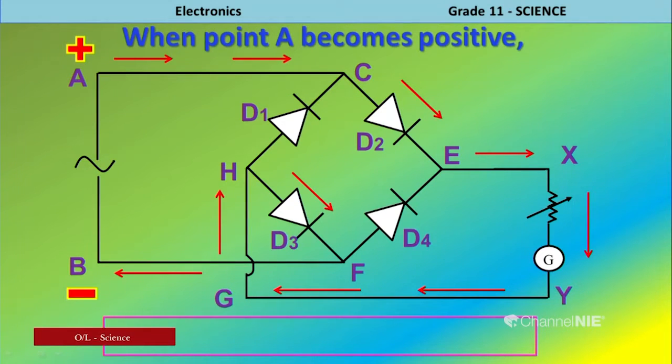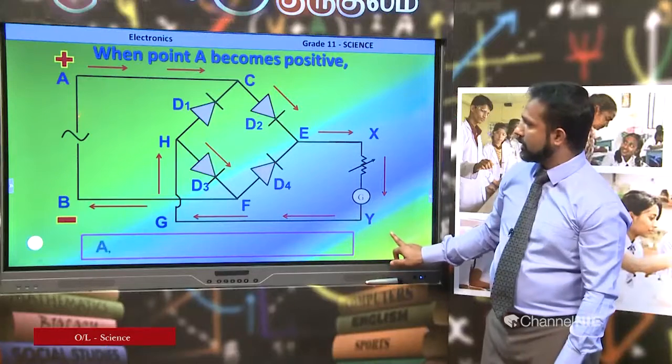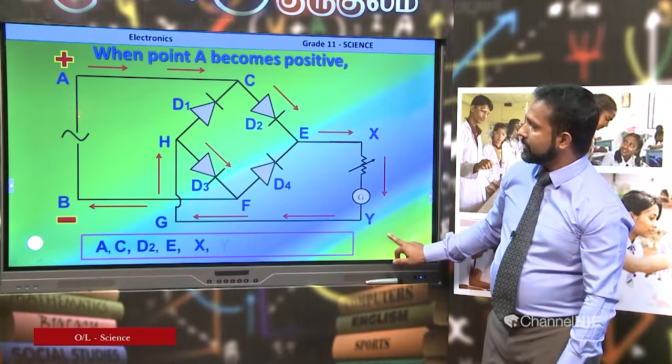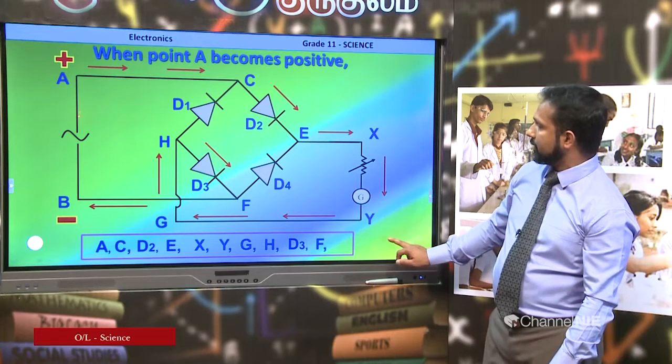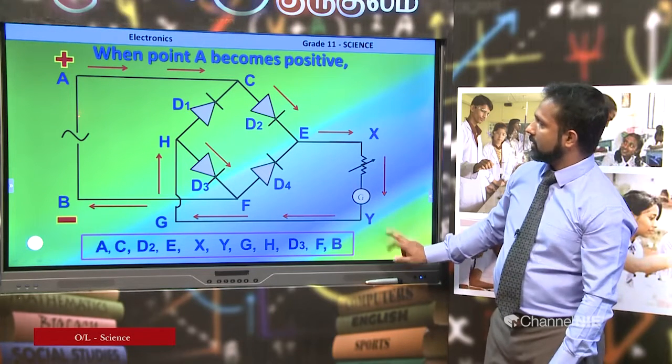When the A terminal becomes positive, B terminal becomes negative, this is the way of flow of current through the diode bridge. Here we can represent it using the letters also: A, C, D2, E, X, Y, G, H, D3, F and B. Right.